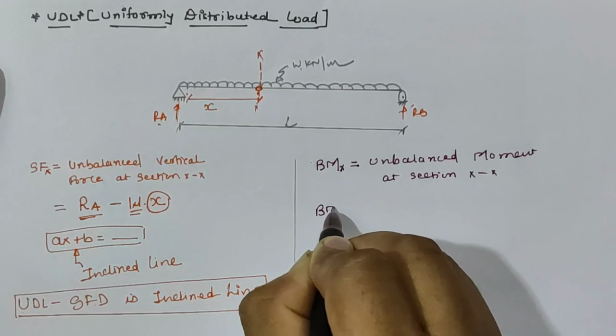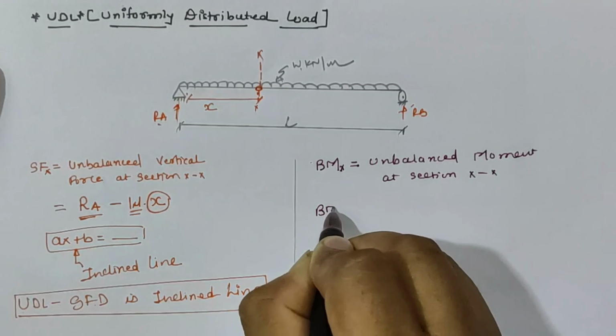Again we assume the left hand portion of the beam at section XX, then the moment is load into perpendicular distance from the load CG to the section. Hence, according to the calculation, the RA value is clockwise. It means that it is RA into distance x.